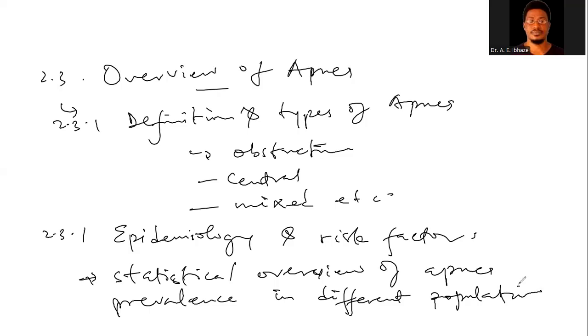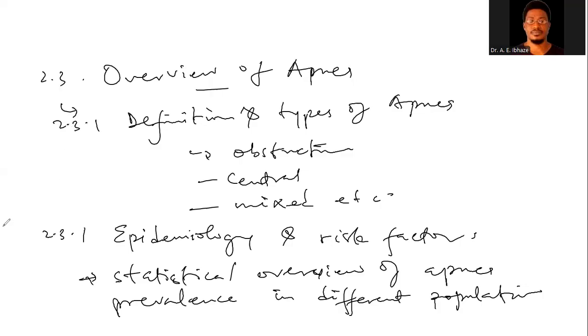We know you already provided the statement of the problem, but we want to really tell the relevance of this study, so you need to provide some data. You've defined apnea and given the types, then you want to tell the population that is affected, the demographic: male, female, their age bracket. Is it only neonates that are affected, or do we consider elderly as well? Is there any vulnerable group? You want to do that.